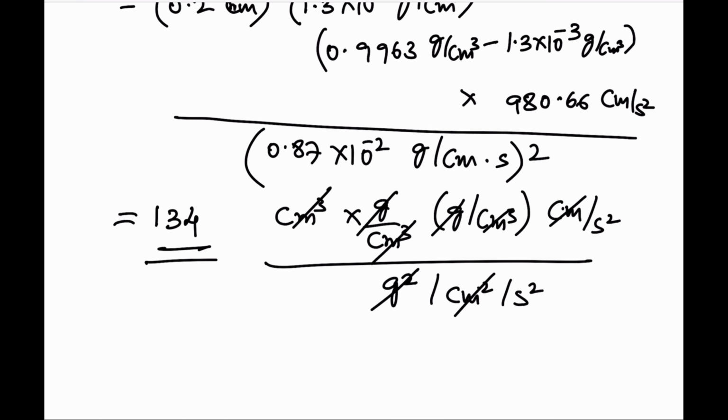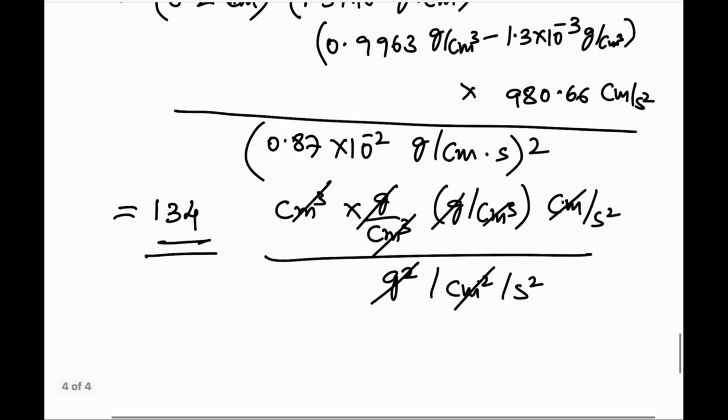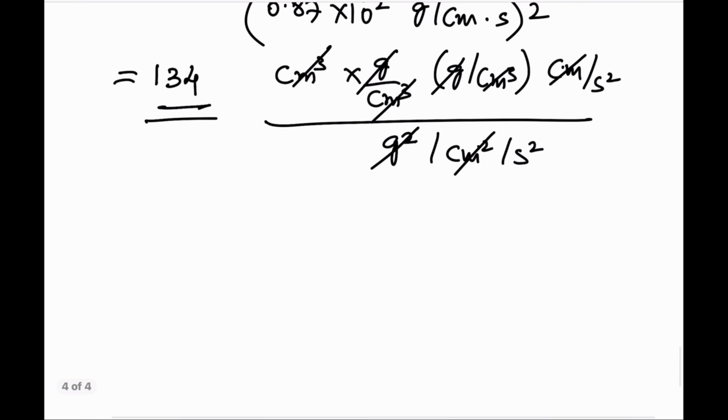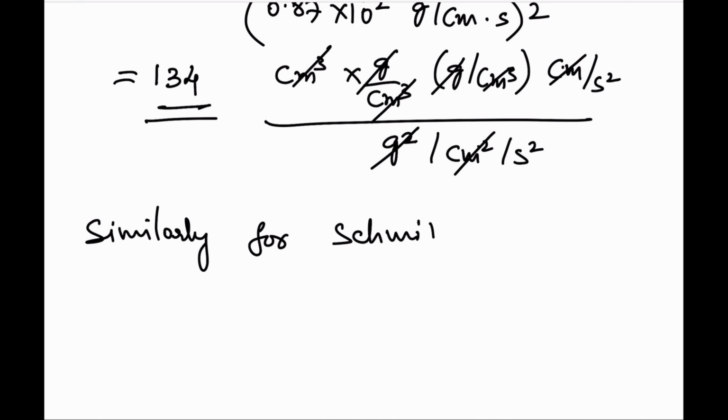So similarly, you can do it for the Schmidt number. That is given, Sc is nothing but mu L divided by rho L into diffusivity.